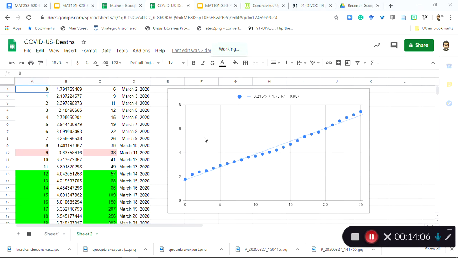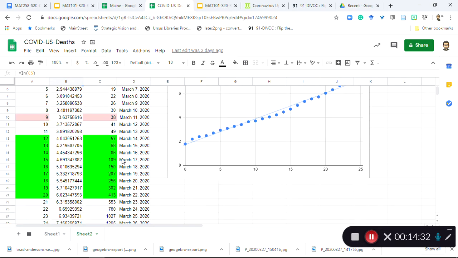All right, so I paused it and I brought up my spreadsheet. You can see this is the same sort of thing. I'm taking the logarithm of the cumulative deaths, and that's the vertical axis, and the horizontal axis is days since March 2nd.